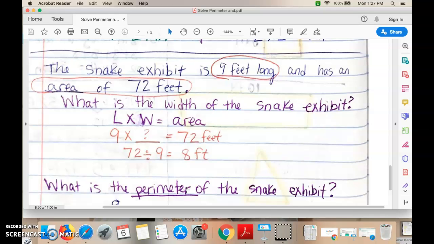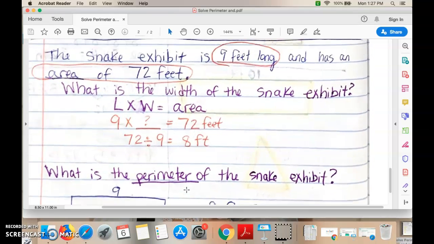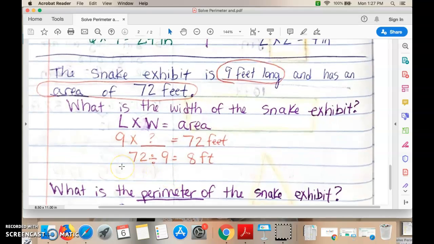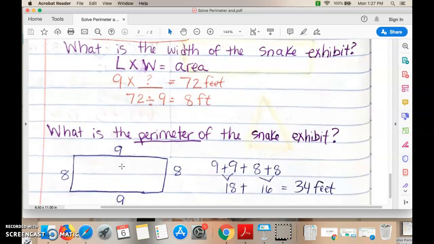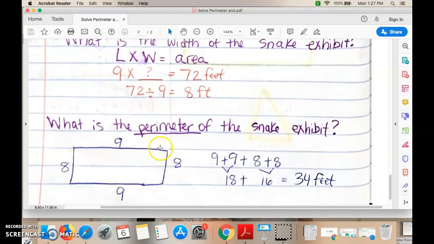My next question is, what is the perimeter of the snake exhibit? I already know that my length is 9, my width is 8, so I'm going to assume that my exhibit is like a rectangle. It has 9 on one side, the length, which means my other side has to be 9.